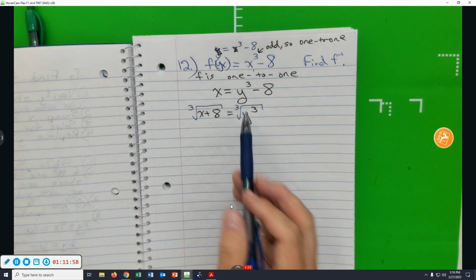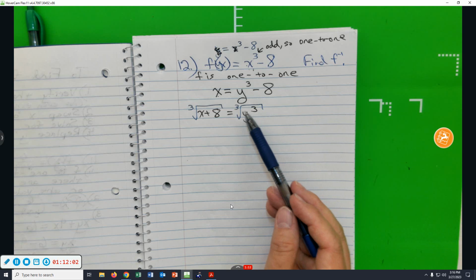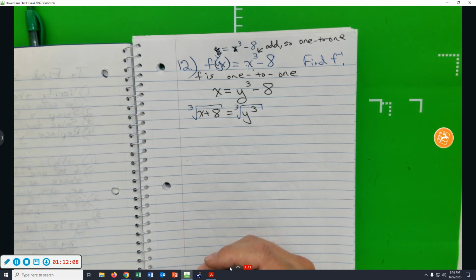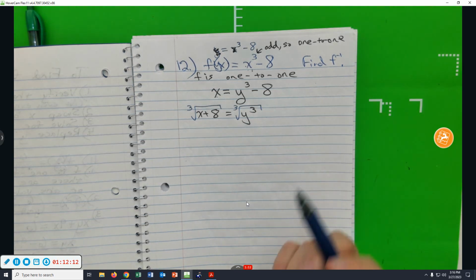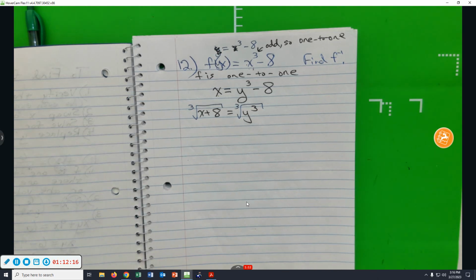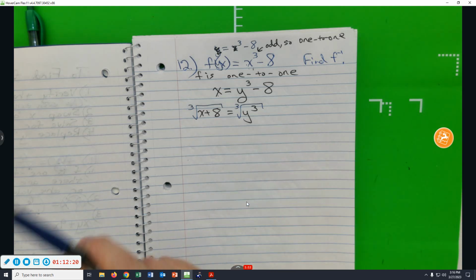And then you see what we're doing? We're using inverse functions. The inverse of the cubing function is the cube root function, and the inverse of the squaring function is the square root, but it wouldn't be 1 to 1. But technically, the inverse of squaring is the square root.